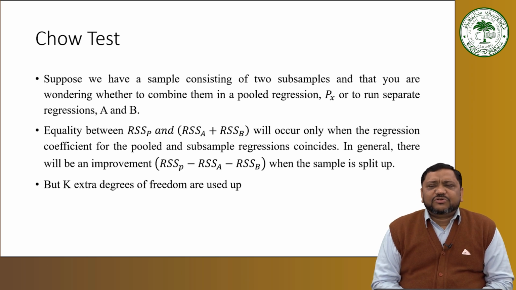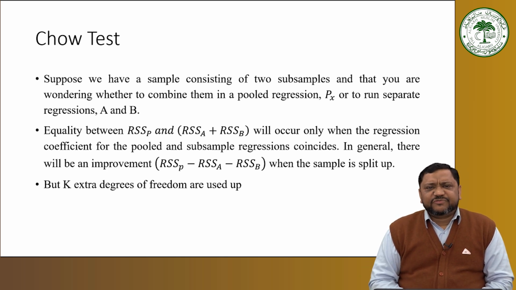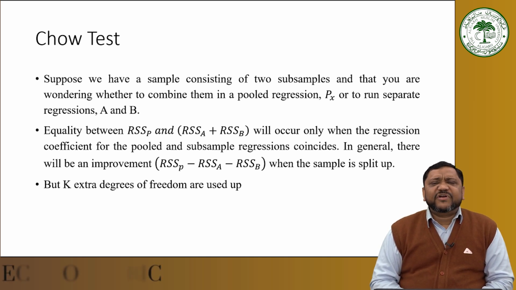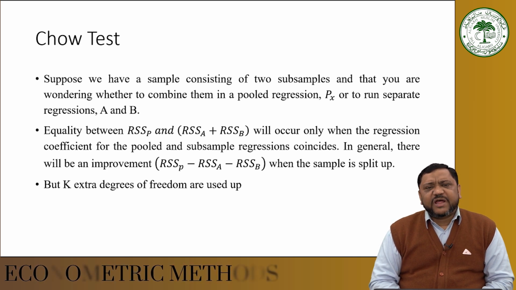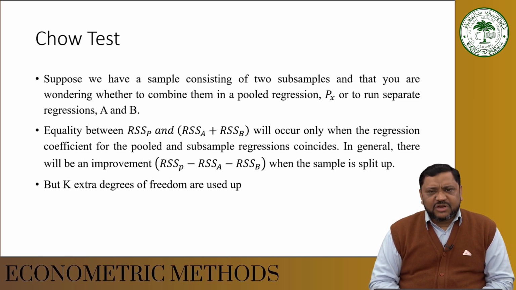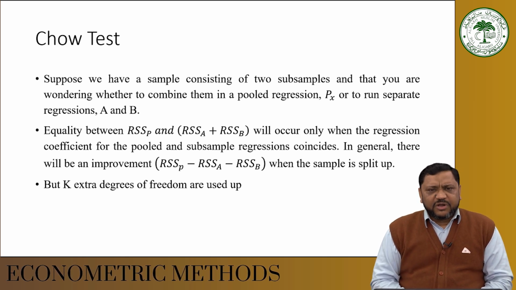Suppose you want to study the relationship between foreign exchange and economic growth. Before 1991, our trade policies were of a different nature, more particularly import substituting, so we didn't have very strong foreign exchange reserves. But after the policy of 1991, things changed. At the current moment, we have huge foreign deposits.